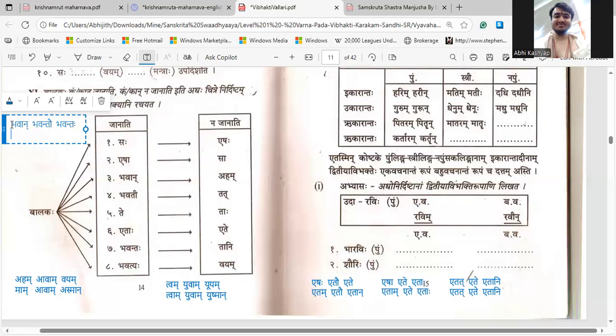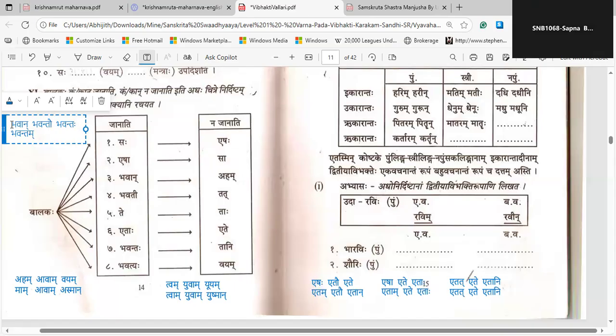The m should be added, but n is already there, so we have to change it a little bit. It will become Bhavantam. Obviously, Bhavantau will remain Bhavantau only.